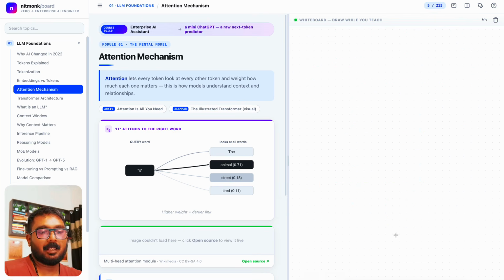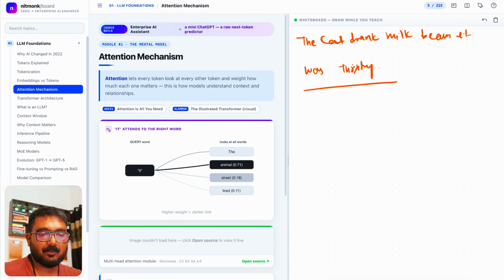If I remove this and write again: the cat drank milk because it was thirsty. For each word, we'll calculate the dot product of "the" and "cat" and get a value.